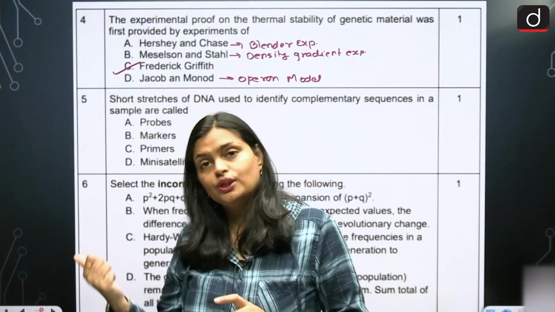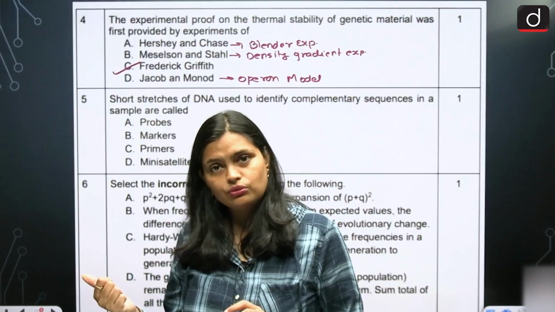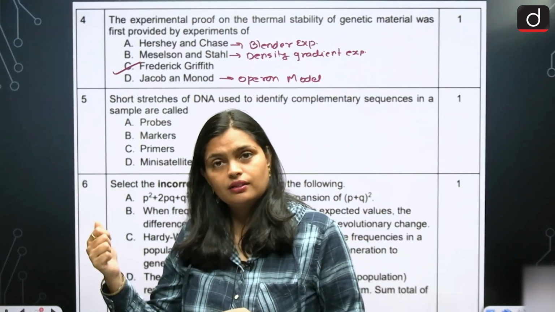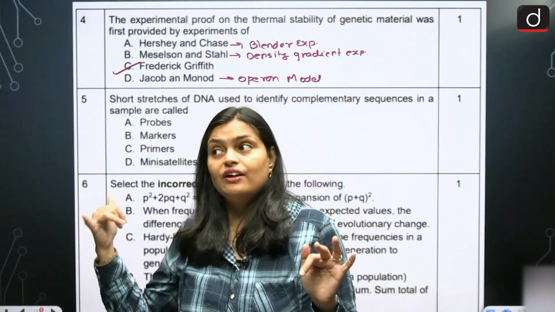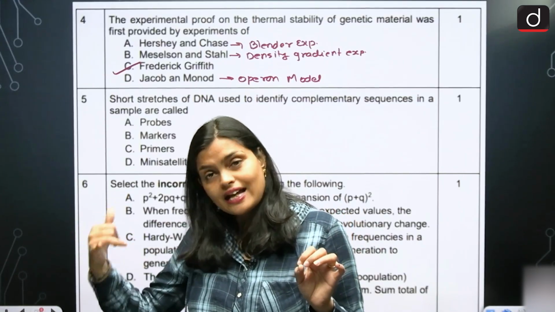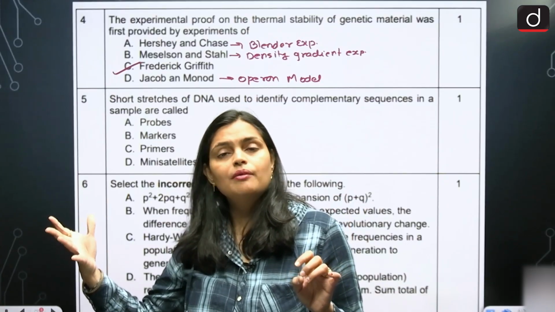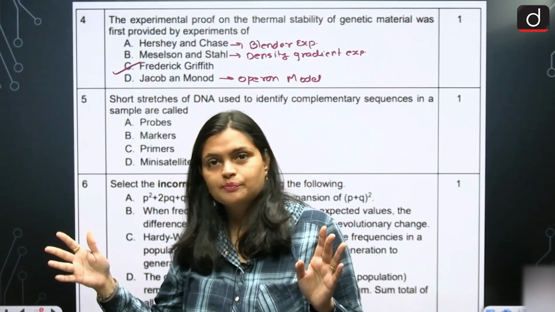When he injected R strain bacteria in the mouse, nothing happened to the mouse and the mouse stayed alive. And when he injected the S strain in the mouse, then what happened? The mouse dies.